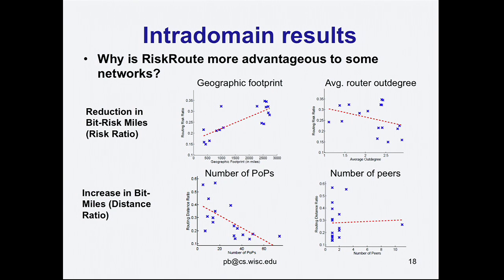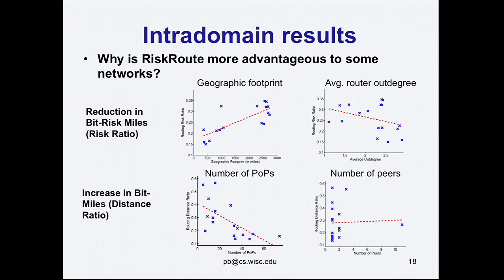And the take-home here is not going to be particularly earth-shattering if you think about it, but basically the graphs on the left side of this slide tell the following story.